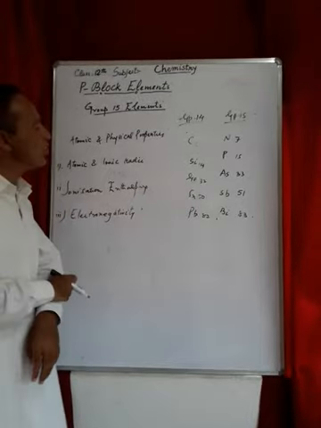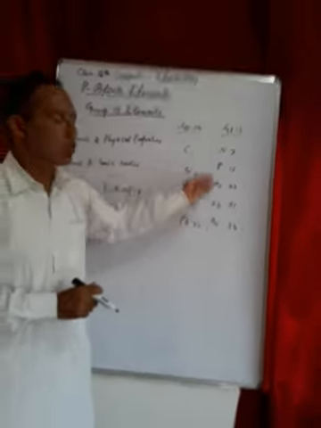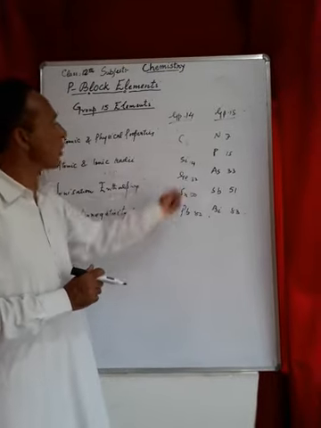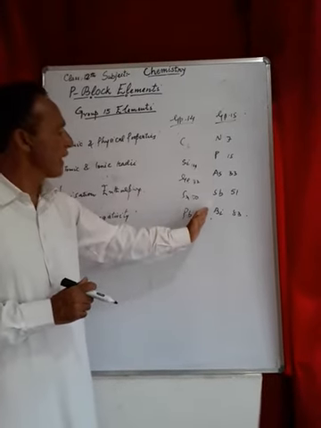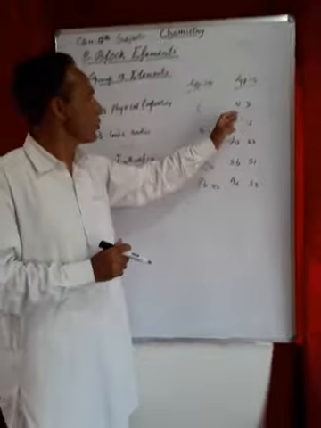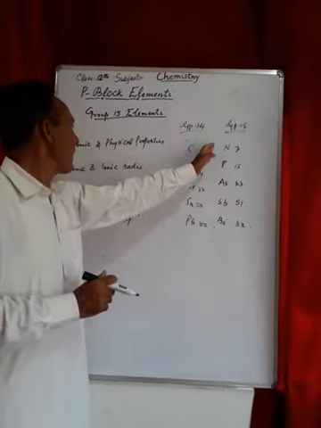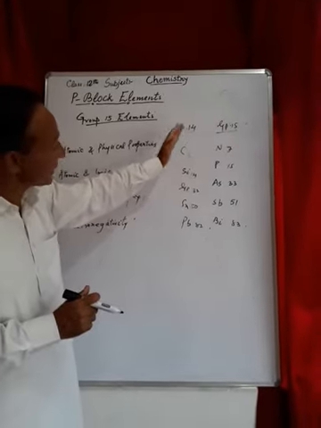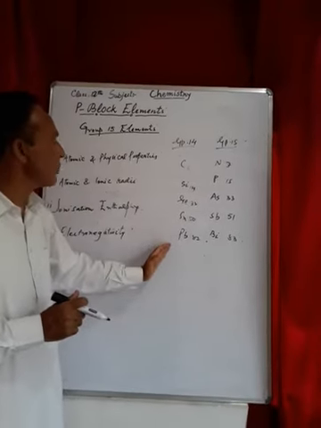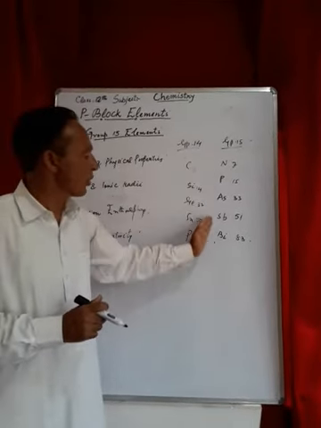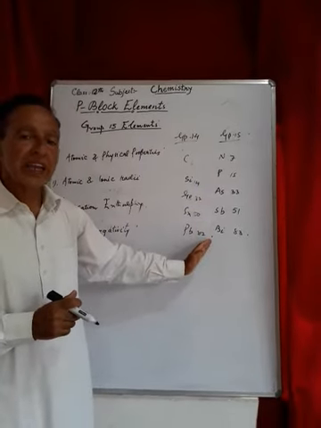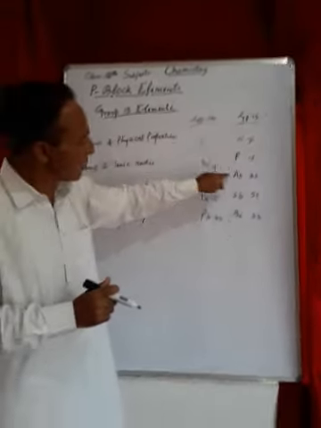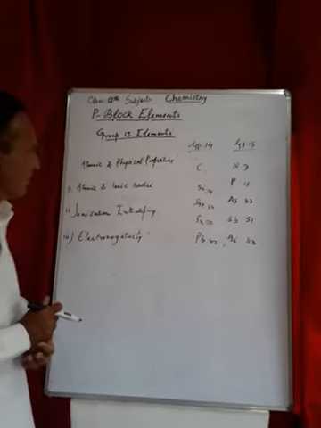Electronegativity: because of their smaller size, they need fewer electrons to complete their outermost shell to have the noble gas configuration. So the electronegativity of the group 15 elements is higher than the corresponding group 14 elements. But as we move down the group, the electronegativity decreases because the atomic size increases.